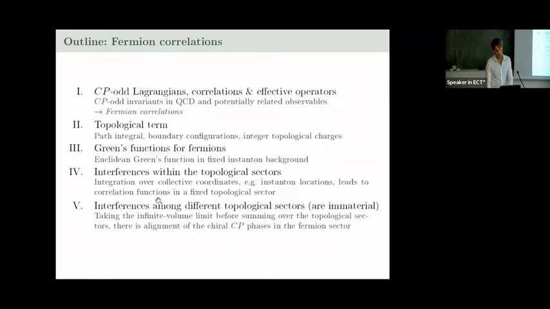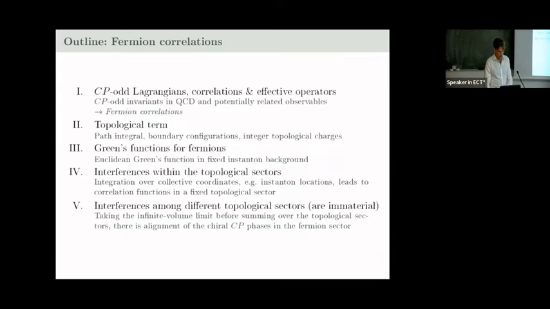And up to this point 4, I'm not deviating from anything that has been said hundreds of times in the field before, but then the crucial point will be in part 5, where we interfere among the different topological sectors. And I will argue that it is mandatory to take the infinite space-time volume limit first before carrying out this summation of the topological sectors. And this then decides the question of whether there's CP violation in the strong interactions or not.